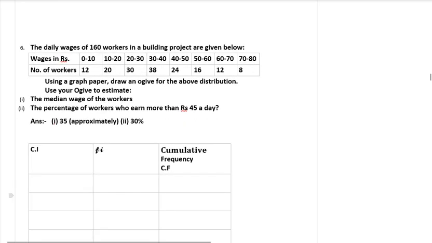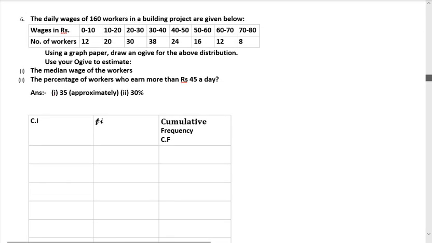Great. Let's go to the next question. The next question is also about the ogive. Okay, so let's talk about something important. This topic, ogive, is a compulsory topic in boards. There is a 6 marks question asked on the topic of ogive.